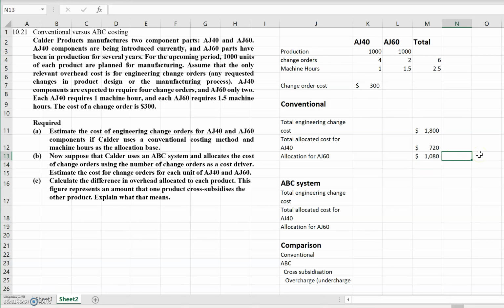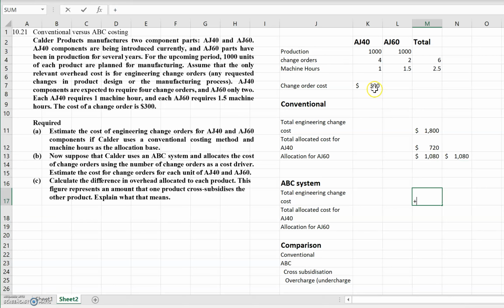And you can also work that out by doing 1,500 divided by 2,500 times 1,800, which also gives you 1,080. So that's pretty straightforward.